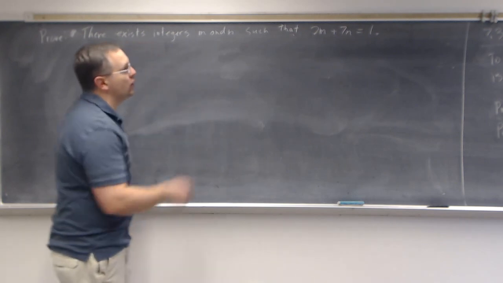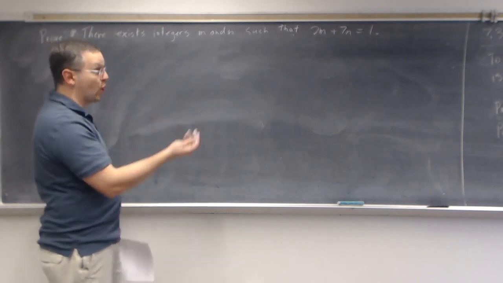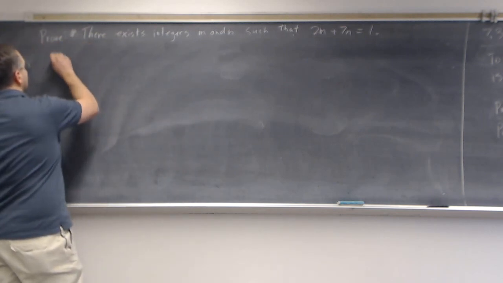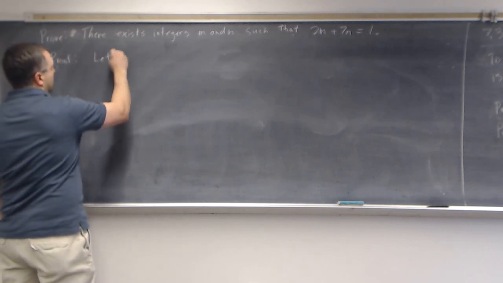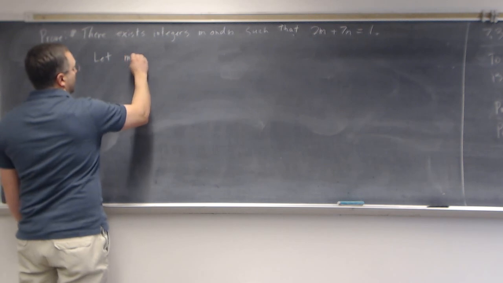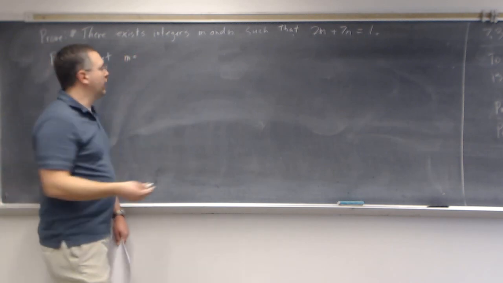So not one of those pairs is the right answer. All you need to produce is one example. Okay. So prove. Let... what was the first one? First example, what did you come up with? 4 and -1.